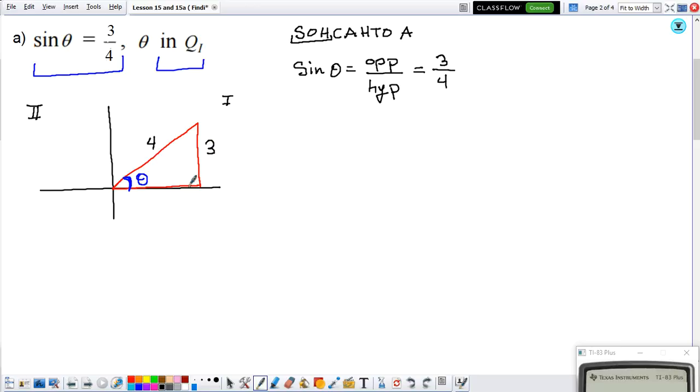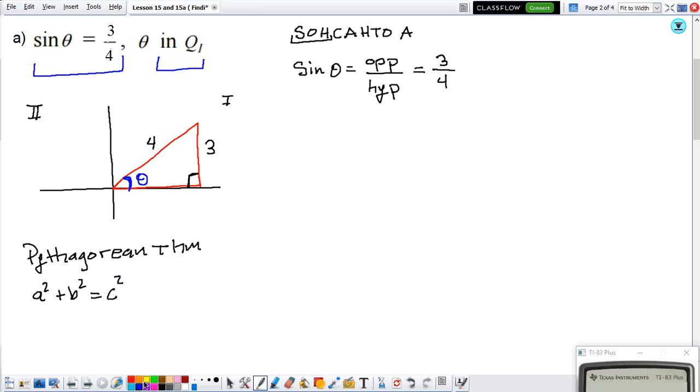We remember that this is a right triangle. If it's a right triangle and we're talking about sides, then we can use the Pythagorean theorem. If you remember, the Pythagorean theorem is a squared plus b squared equals c squared.